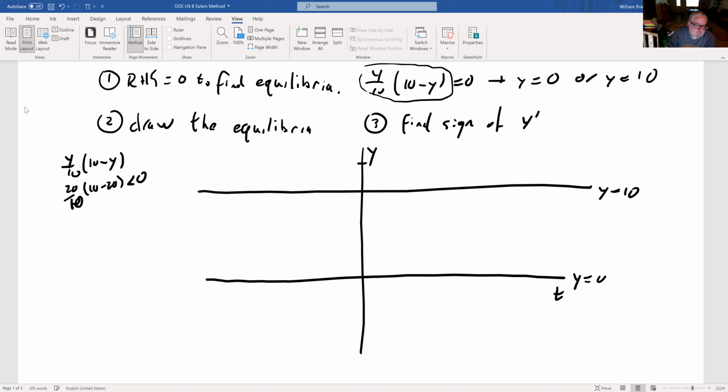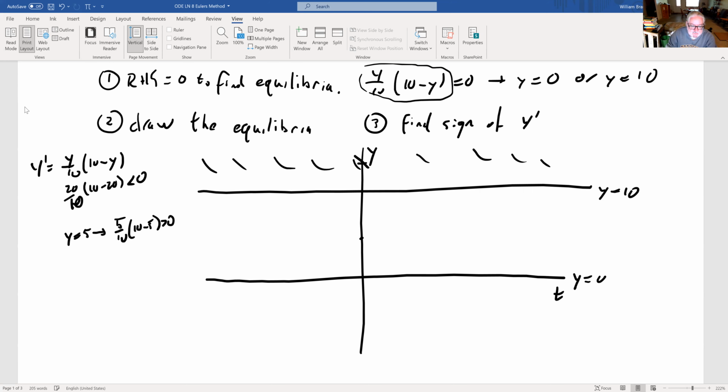So that means y prime is less than 0 if we're above y equals 10. So going down. If we take, say, y equal to 5, that gives us 5 over 10 times 10 minus 5, and that's greater than 0. y equals 5 is here, and that's got a positive slope.